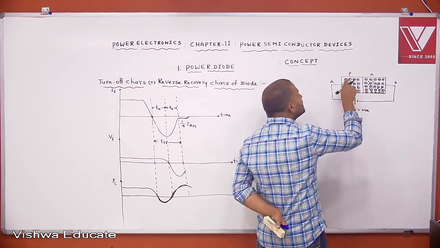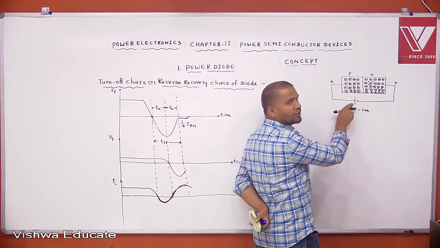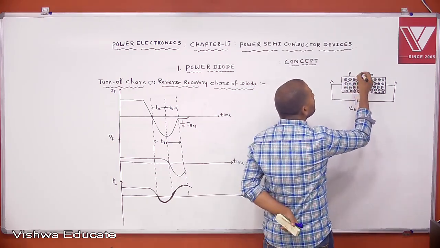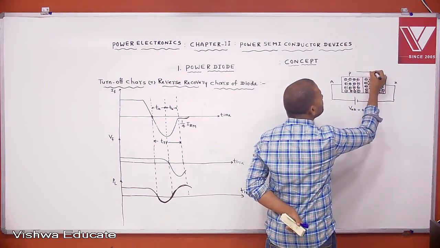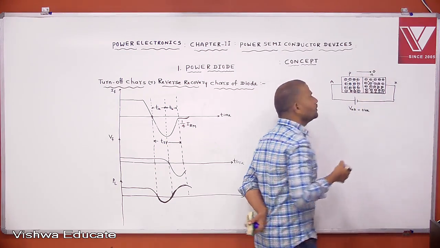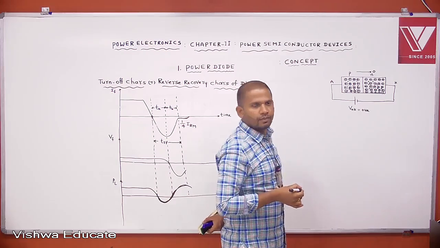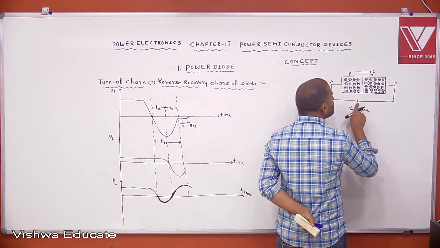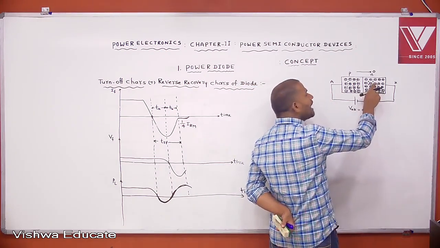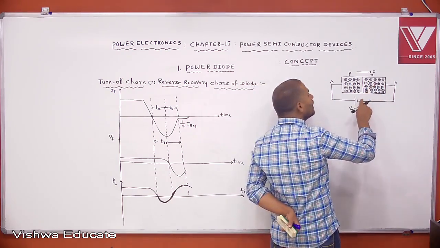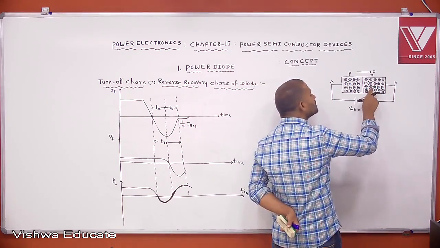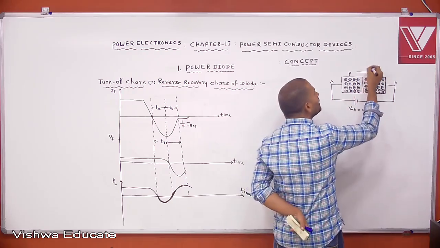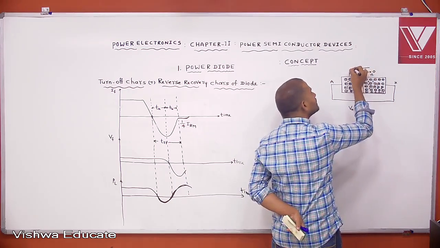Now, because of this positive plate, these holes having positive charge are repelled from the positive plate. Then holes are moving like this. This is the direction of the hole. Then because of this negative plate, electrons having negative charge are repelled from it. Electrons are moving like this.